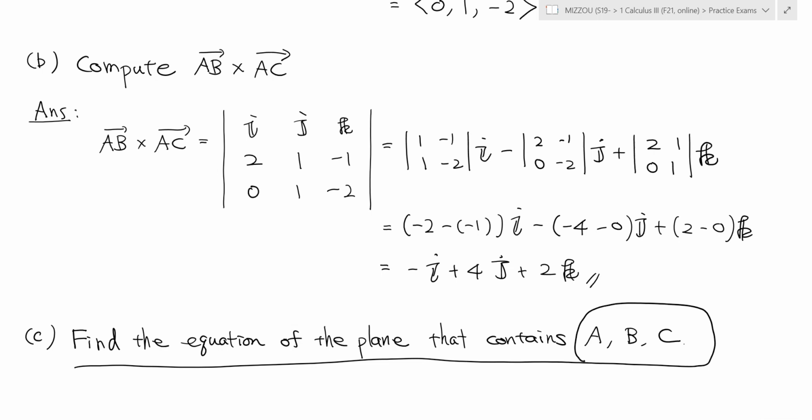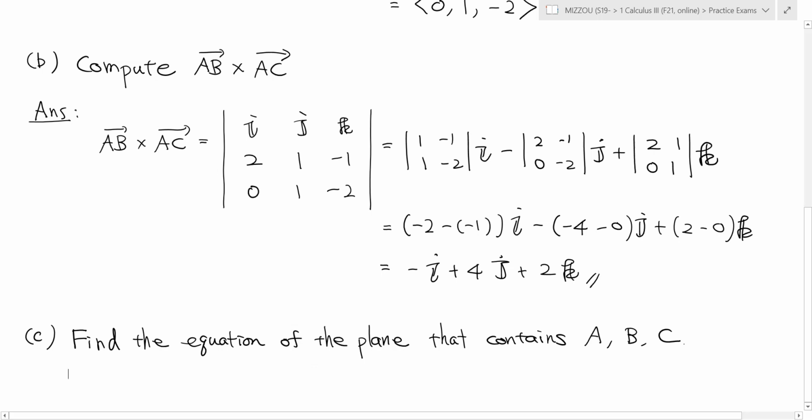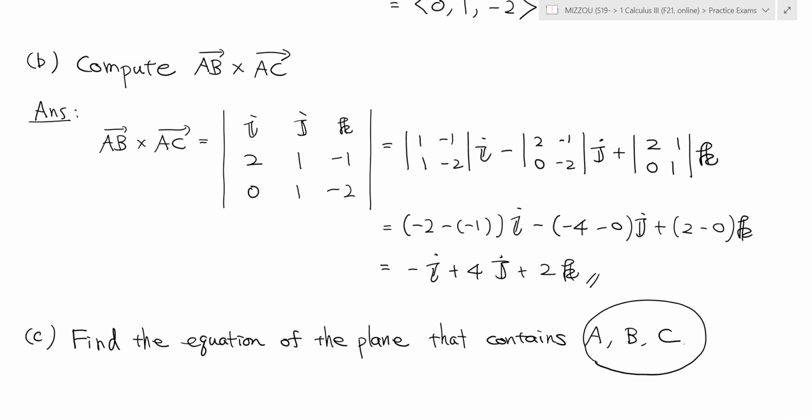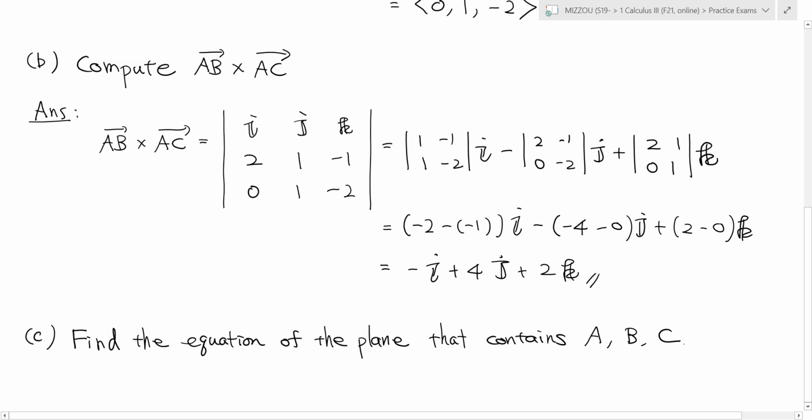That's what's called a normal vector. In this case, points A, B, C are given, and the plane contains all 3 points. So you may use any one of those as your one point that the plane goes through. So the only thing you need is a normal vector, which is a vector perpendicular to the plane.